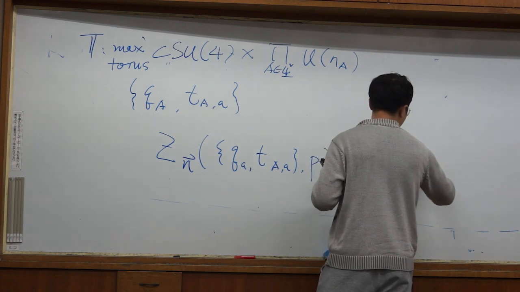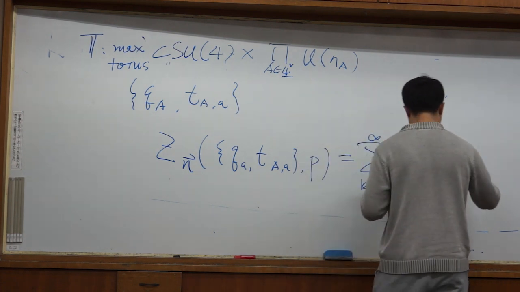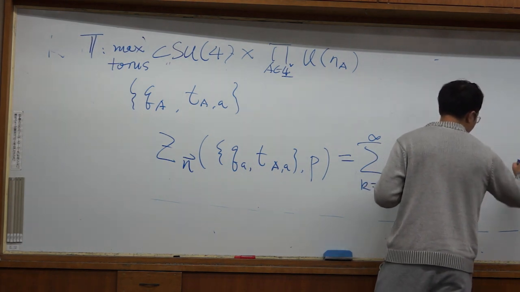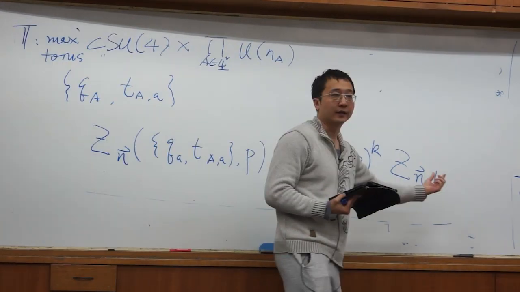And this parameter p basically counts how many instantons we have, and then there is the supersymmetric partition function for the particular configuration of n vector and k.